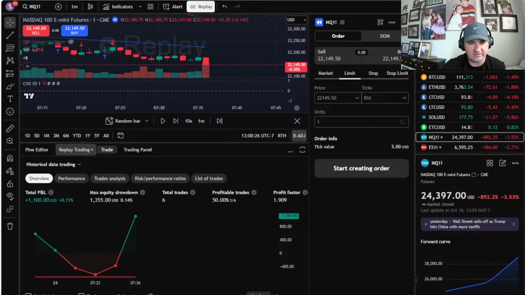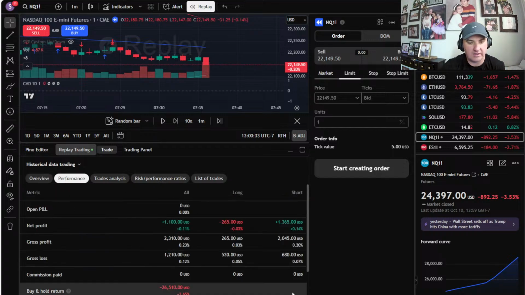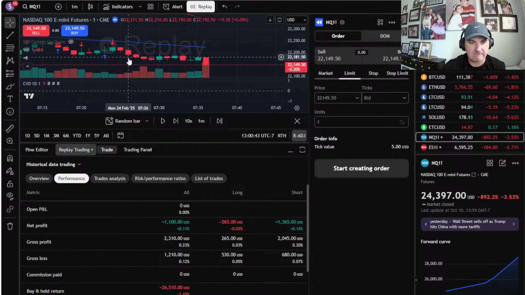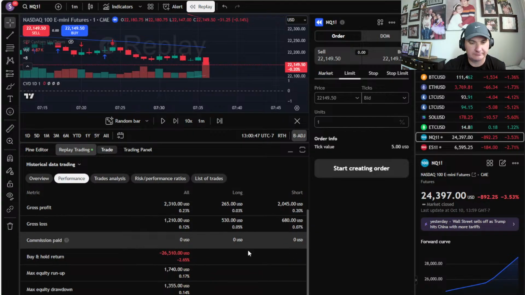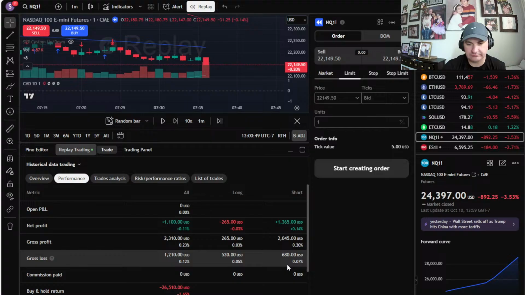What they do is they create a structure to where you can have a solid risk to reward. And we would win on the long side here with this strategy.